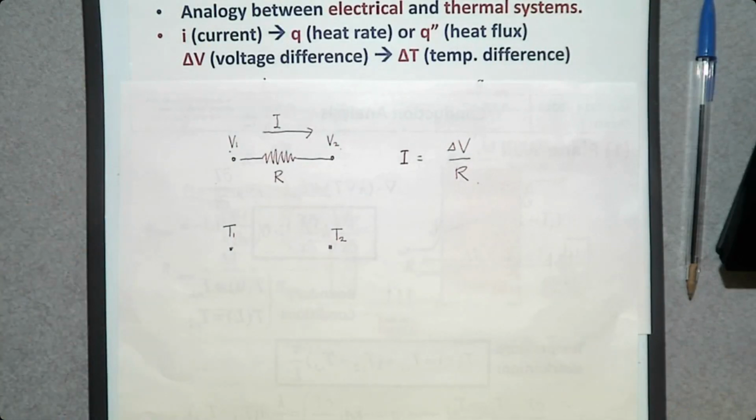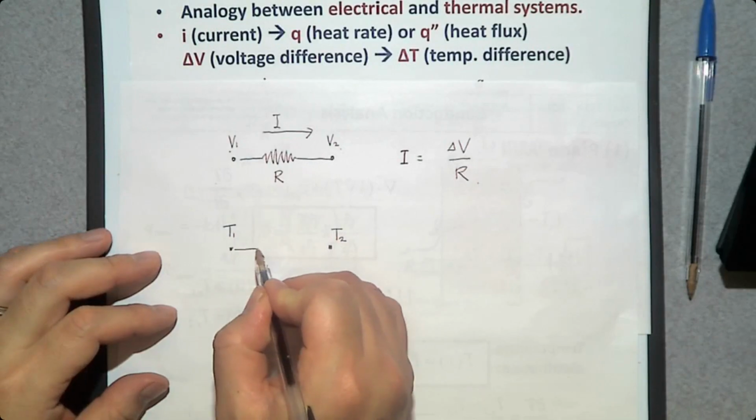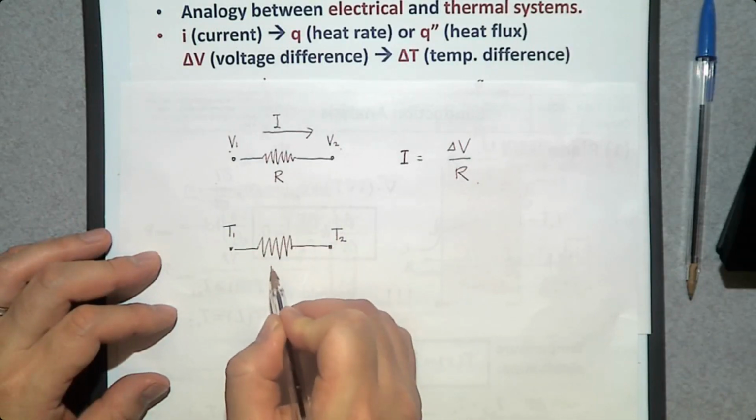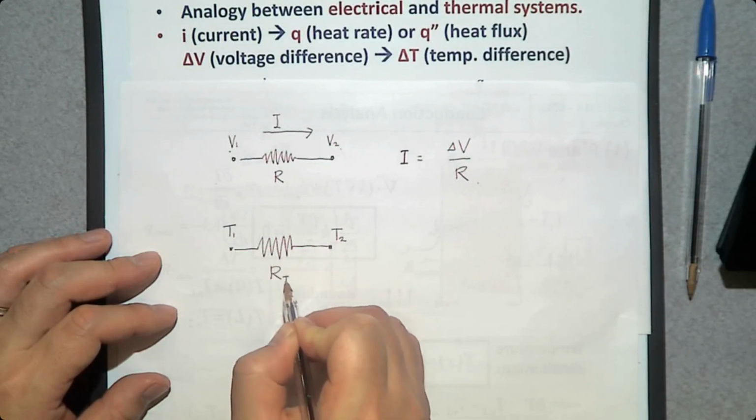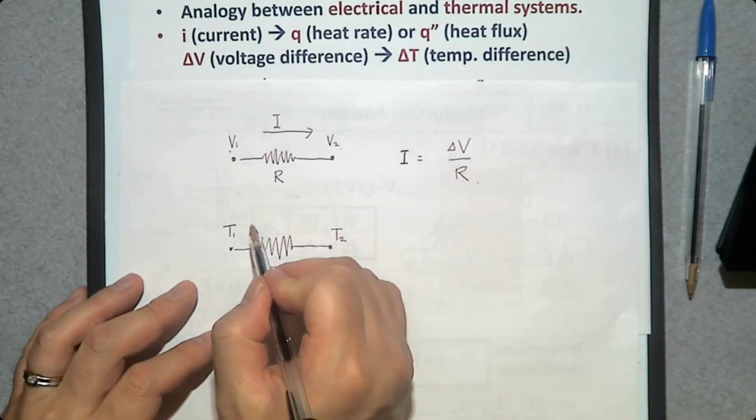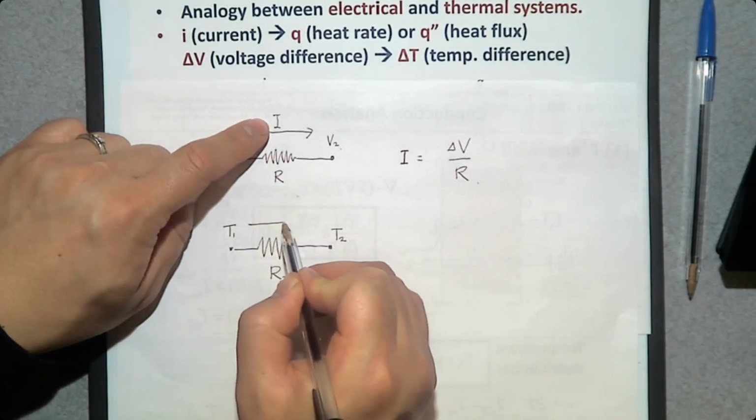Then each conduction, convection can be a single resistance. Thermal resistance, which is R of T. Thermal resistance, or you can just say R. And instead of current, what do we have?